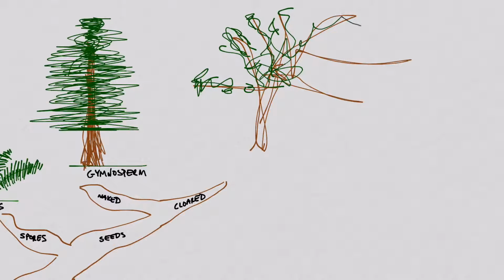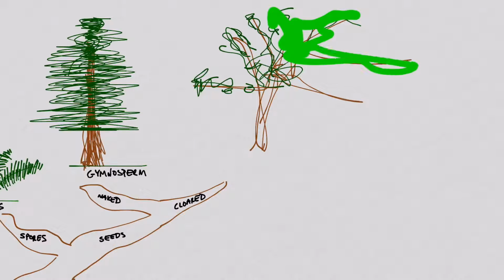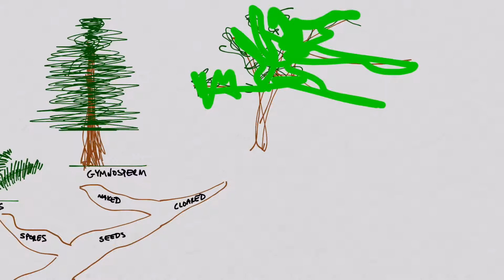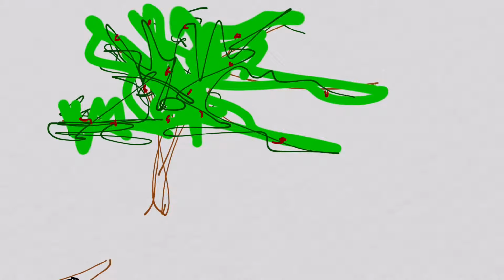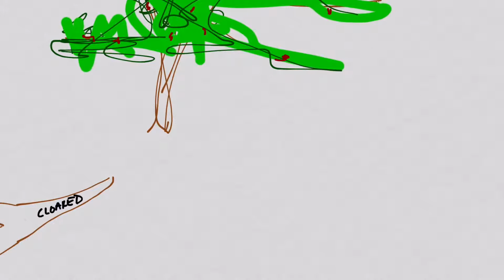Maybe if I change the font size. Oh, no, I think this is just making it worse. Okay, so here's my beautiful apple tree. Maybe I'll throw it. Oh no. Okay, so here's my apple tree. You can tell it's an apple tree because it's covered in apples.